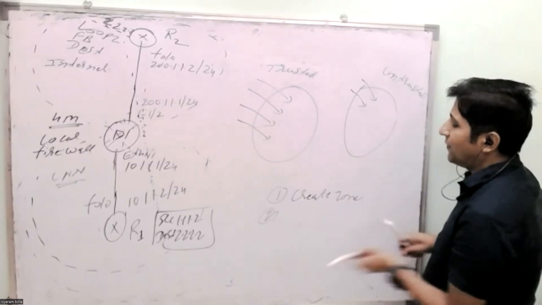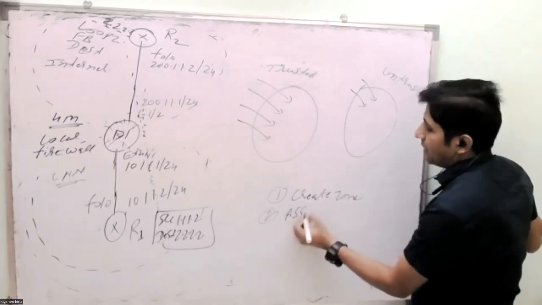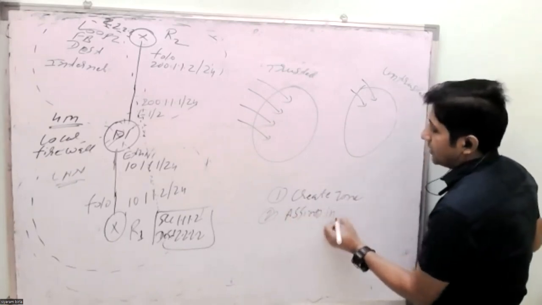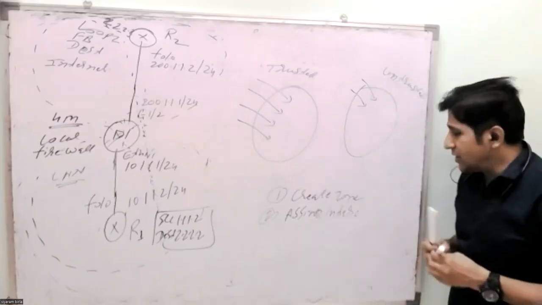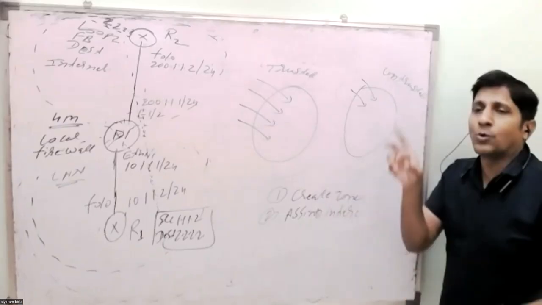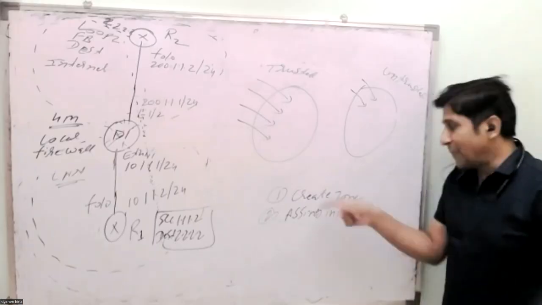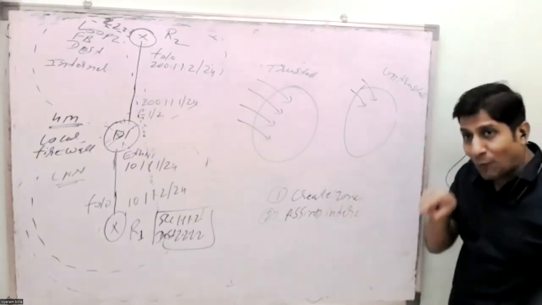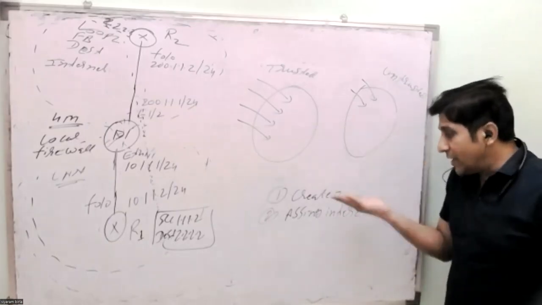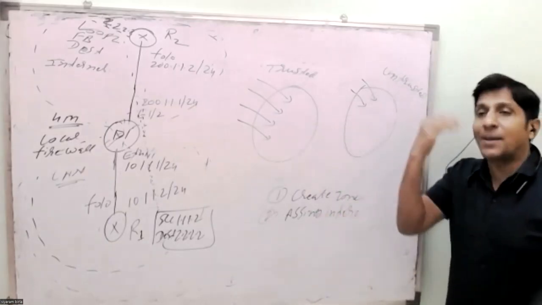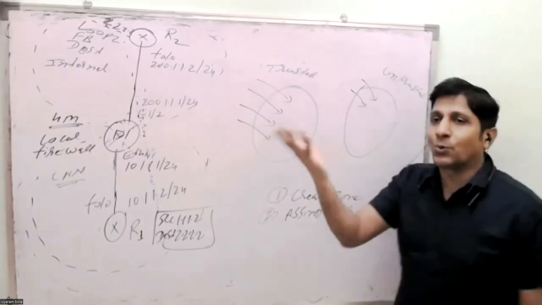Similarly, I can do the other step: inside the interface, I create a zone. Both are true. If I create a zone and inside the zone I call the interface, that is also true. If I create an interface and inside the interface I call the zone, that is also true.